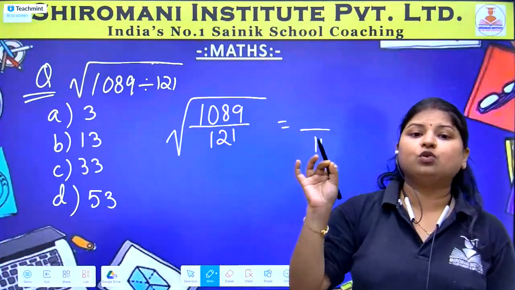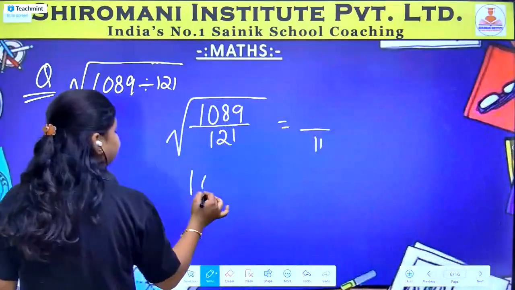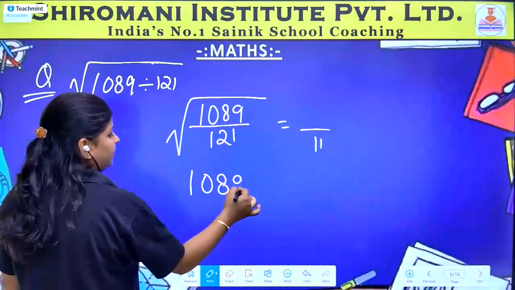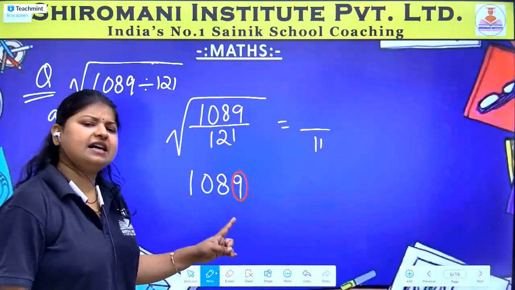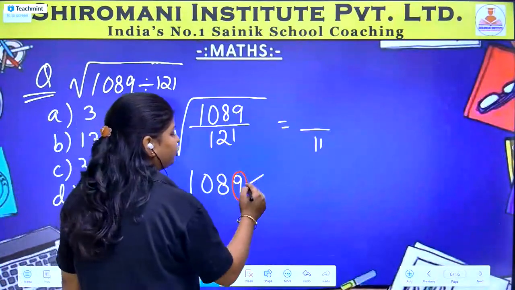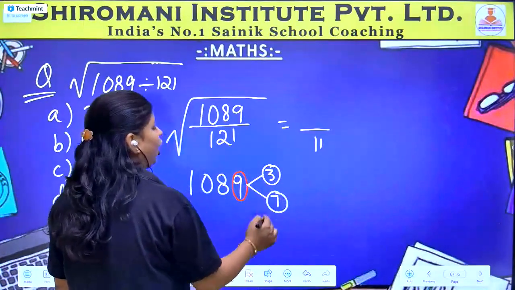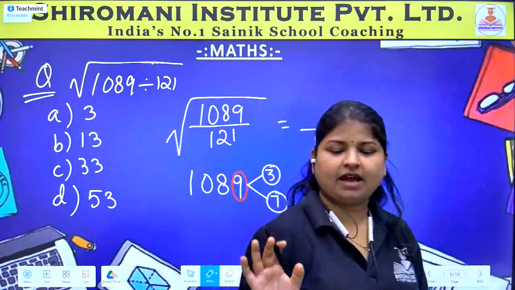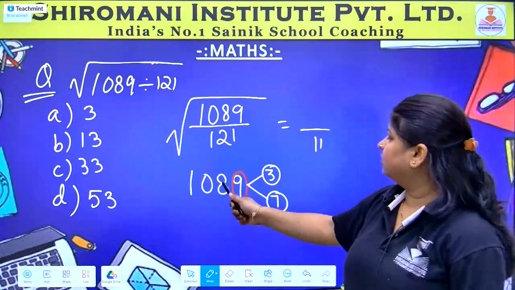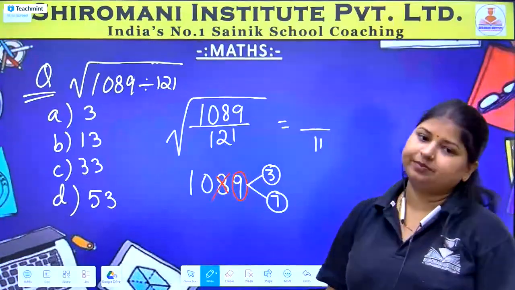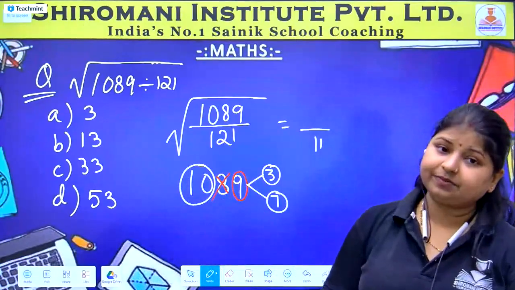So I will use the short trick that I taught you. I have 1089. The last digit is 9. If the last digit is 9, then for sure my answer would end in 3 or 7. Now, tens place cut, I'm left with 10.